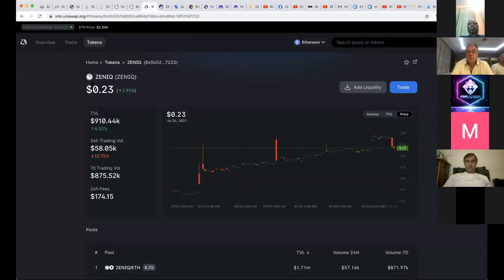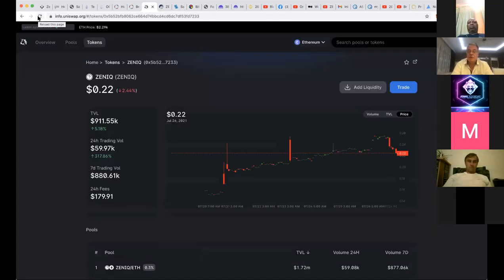If we then go to Uniswap, which is the exchange where the ZENIQ token is listed on the open market, we can see that the actual price of the token at this moment is 0.22 cents of the dollar.